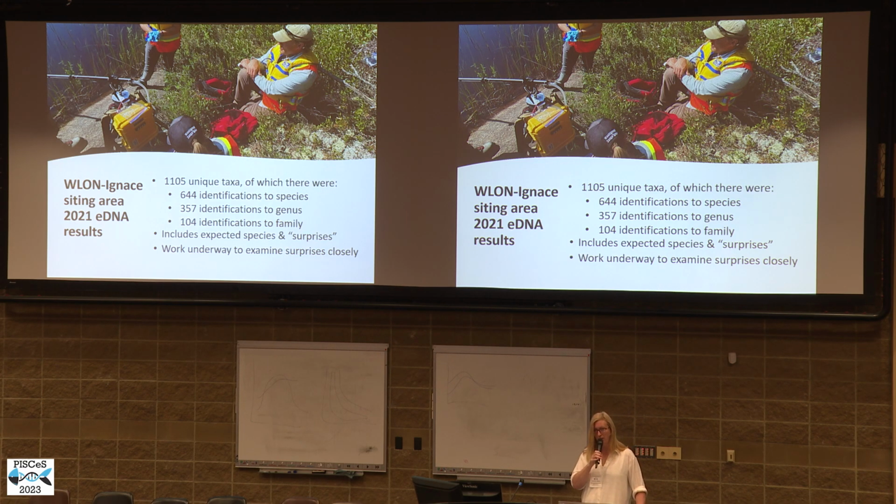These identifications included many suspected species or species that were noted as important to stakeholders and right holders. So that was a good start because we didn't necessarily have a lot of data from that area. But these data also included some species that were surprises, potentially real species or potential contamination issues that we need to look into. And work is underway to examine these surprises closely.